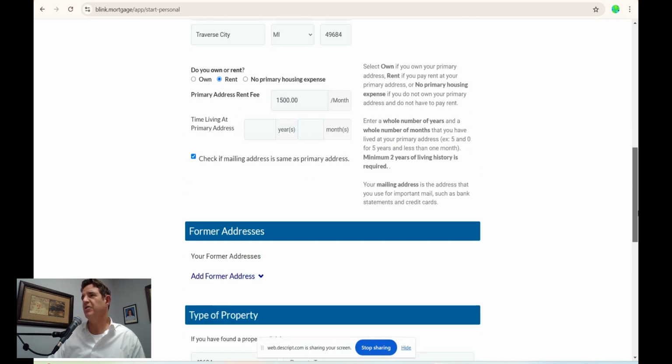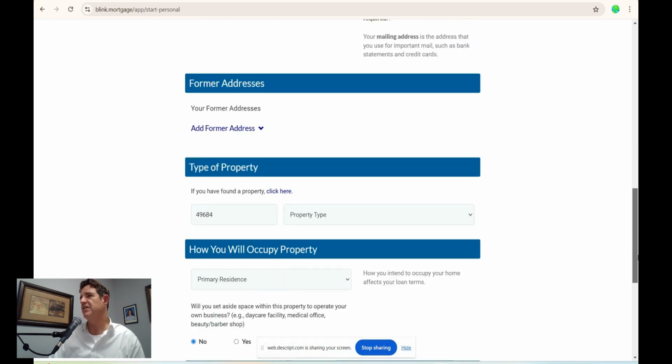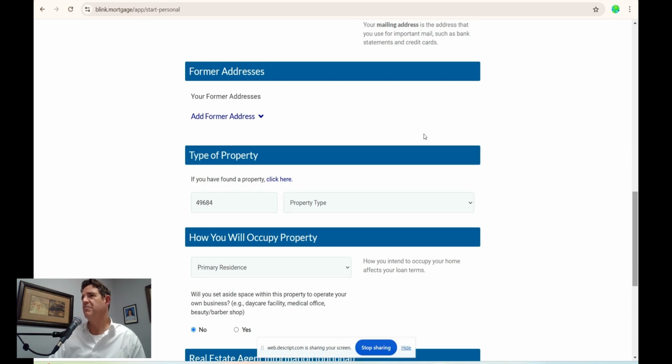And always remember, we want to track 2 years of living history. If you have been 1 year at one location, the system is going to correct you for a 2-year entire address history. Then the type of property you're after is going to be asked for.